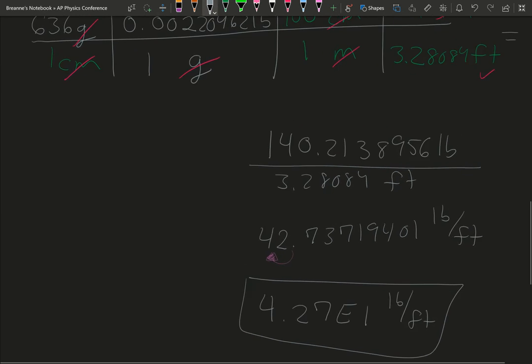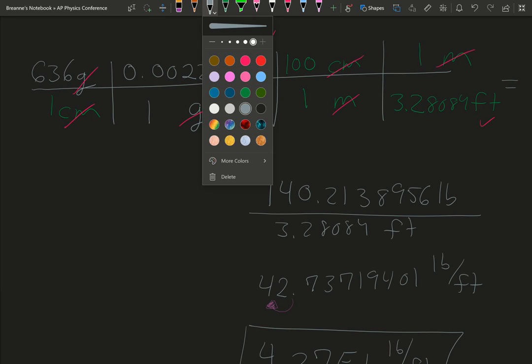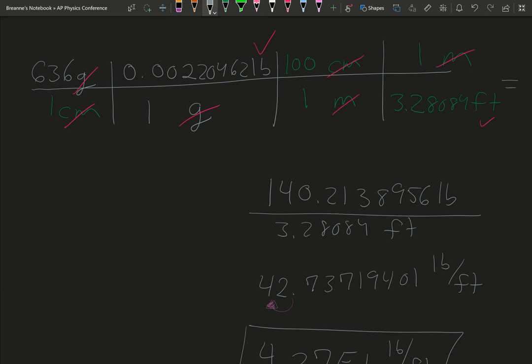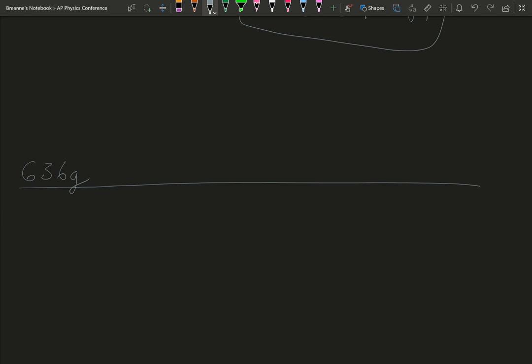So this is an example where you can do it in different ways, because I did this in a different way than I presented it to you as the fill in the blank. Because we went from grams to pounds, but what I did on the fill in the blank, so we did 636 grams, 1 centimeter.